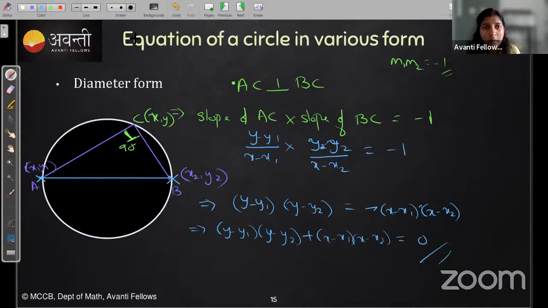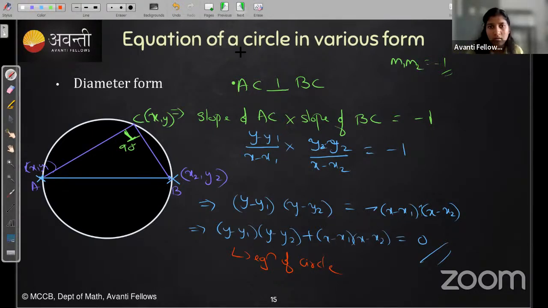So this equation represents the equation of the circle in diameter form, where the ends of the diameter have coordinates x1, y1 and x2, y2. Is it clear to you all? Any doubt in this? Clear, right? Okay, then we'll move ahead.